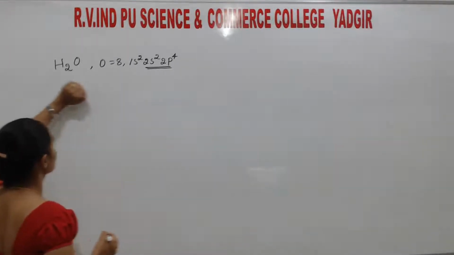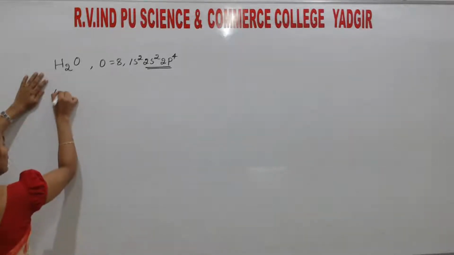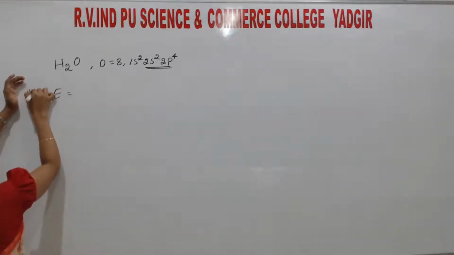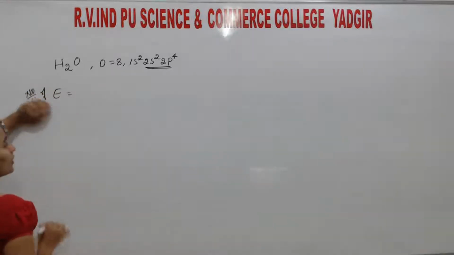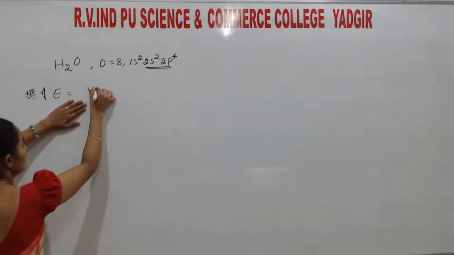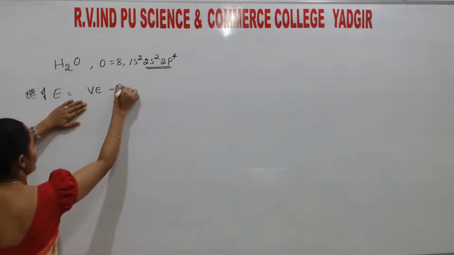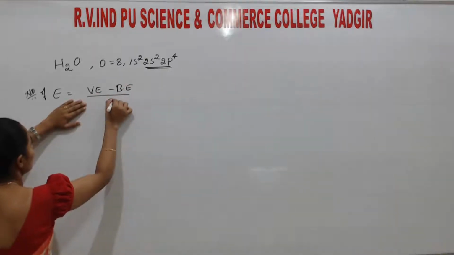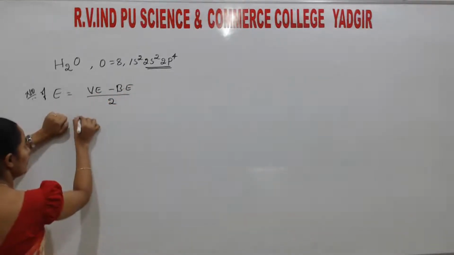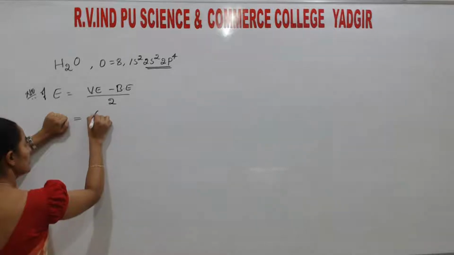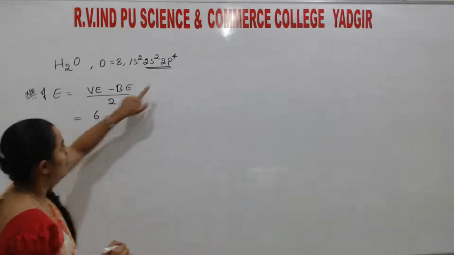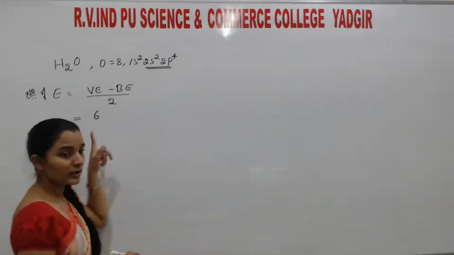Okay, the valence shell is 2s2, 2p4. So students, once we know that, we have to calculate the number of electron pairs. What is the formula? Valence electrons minus bonded electrons, divided by 2. How many valence electrons are there? 4 plus 2, 6.